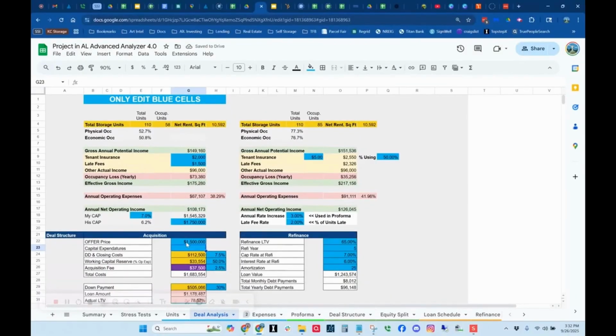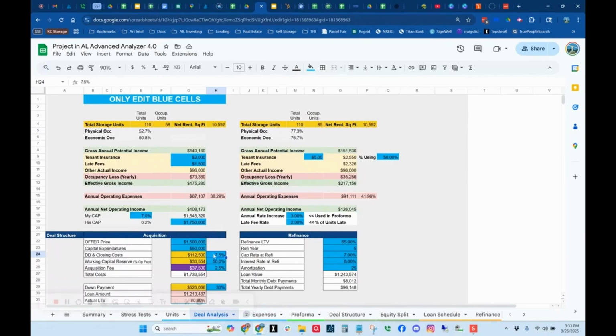Now, capital expenditures, that's going to be any type of extra money you want to put in to add things, repairs to the facility up front. Say we want to put in like $50,000 worth of work after we get in, like adding a gate or anything like that.